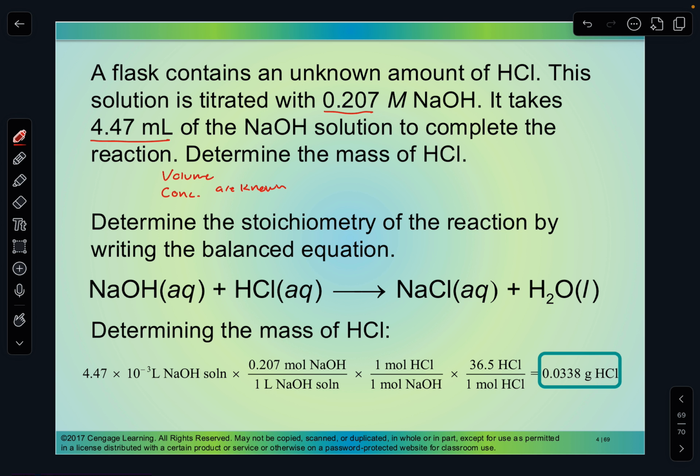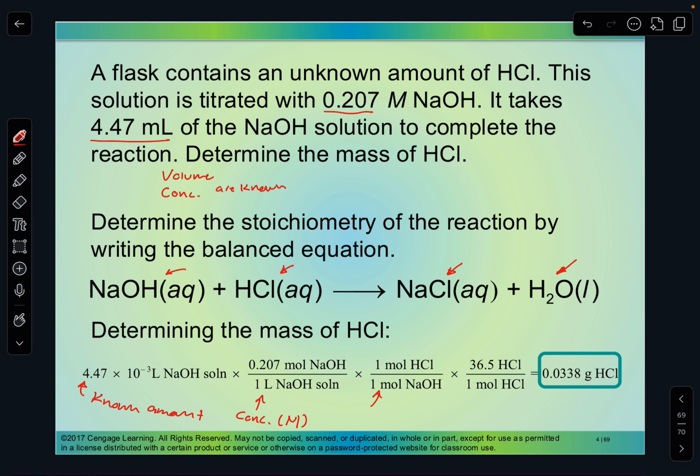We want to determine the stoichiometry of the reaction by writing a balanced equation. We have NaOH and HCl. This is going to give us our stoichiometry. We will balance it, and it's already actually balanced. And this is how we'll do it. We'll take the known amount, and we'll take the concentration in molarity.